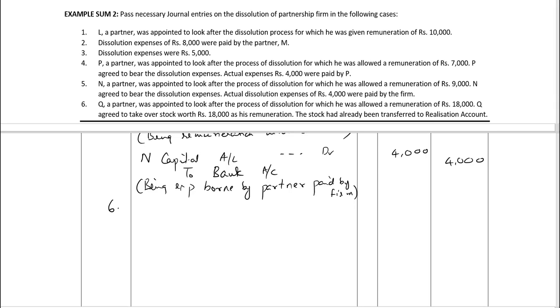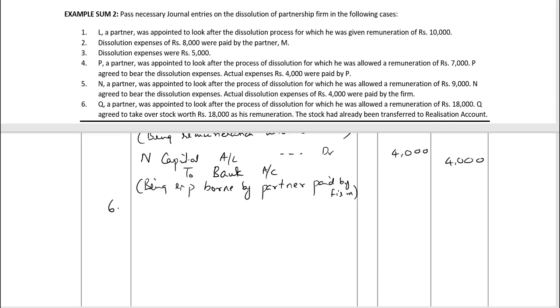Final question 6. Q, a partner, was appointed to look after the process of dissolution of the firm, for which he was allowed a remuneration of rupees 18,000. Q agreed to take over stock worth rupees 18,000 as his remuneration. Stock had already been transferred to the realization account.